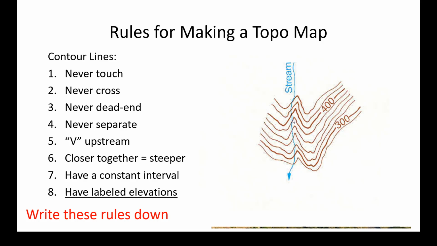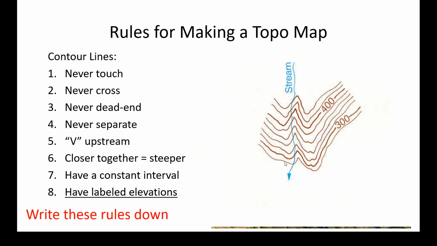So as you go down into a depression, you're getting to a lower elevation and therefore a lower contour line. So if I go straight to the right, you see me go from the 400 down to the 380 contour, which makes sense, which means that the stream bed going from here to here is about a 20-foot drop. Pretty steep, but it happens.